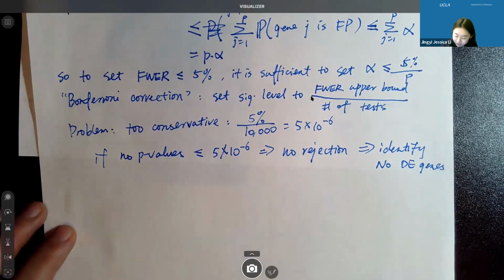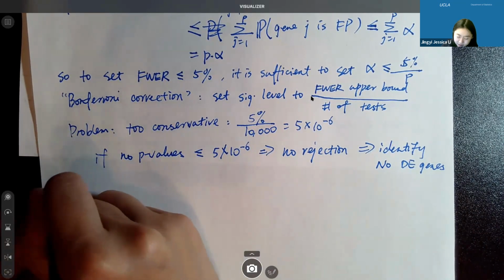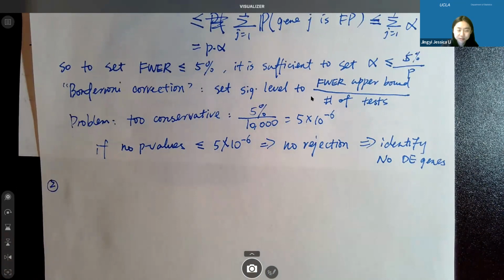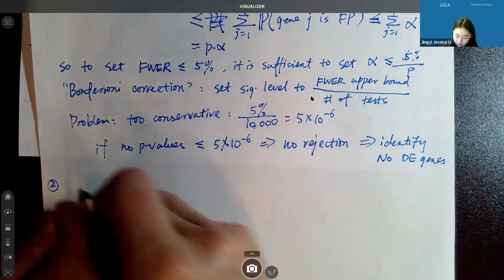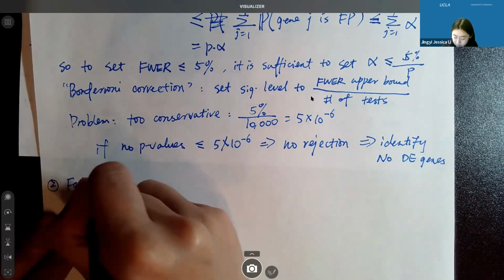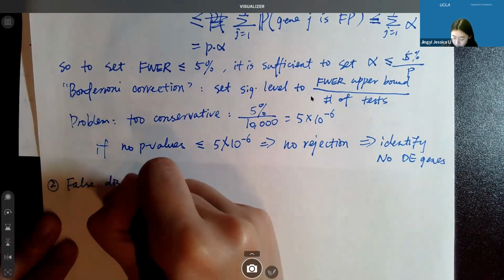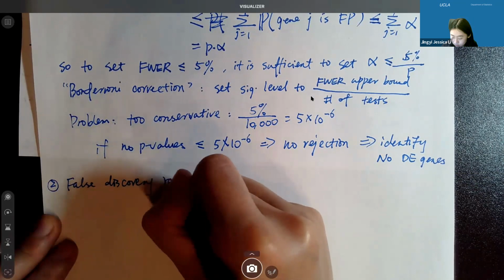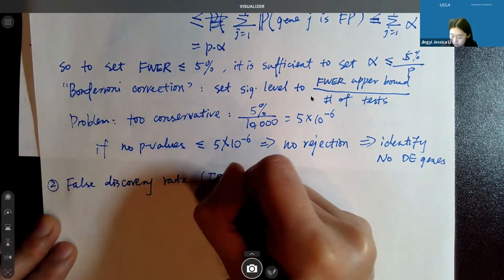Then no rejection. All right, the second criterion, which is the most popular criterion people use nowadays, is called the false discovery rate, short as FDR.